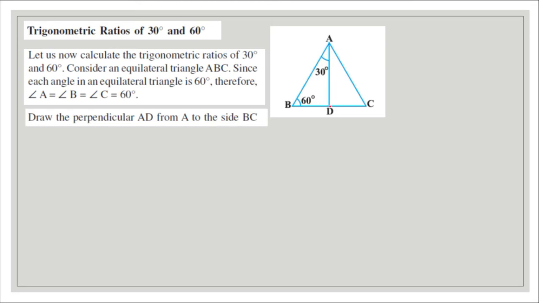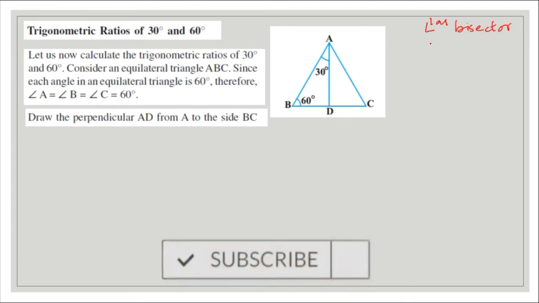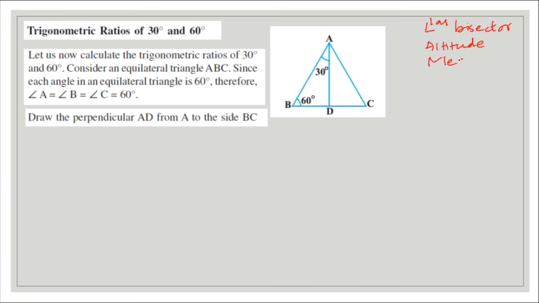In an equilateral triangle, you must remember the lines angular bisector, altitude and median, they all will be the same in an equilateral triangle only.